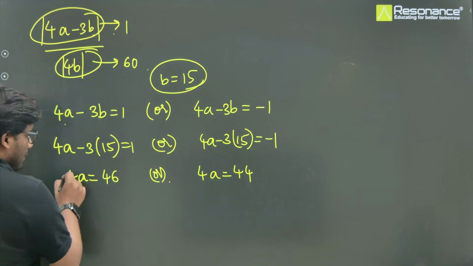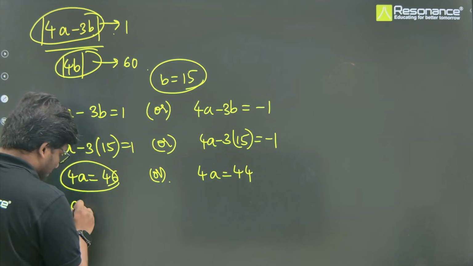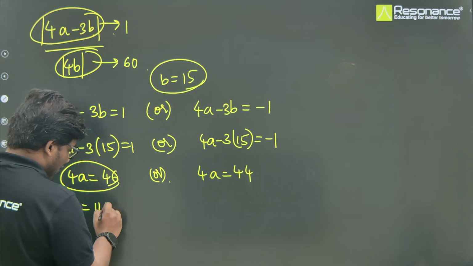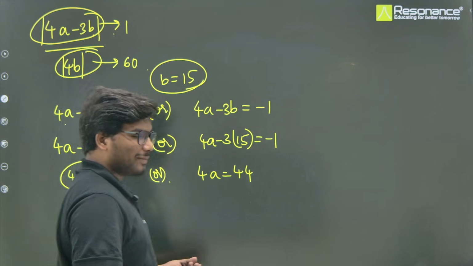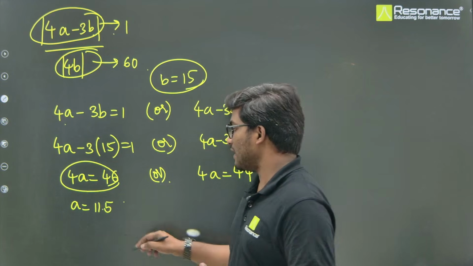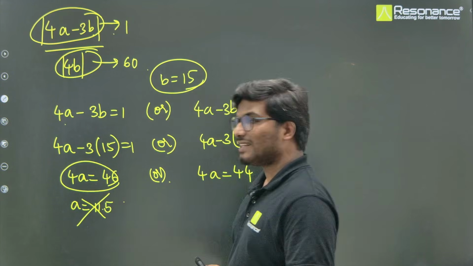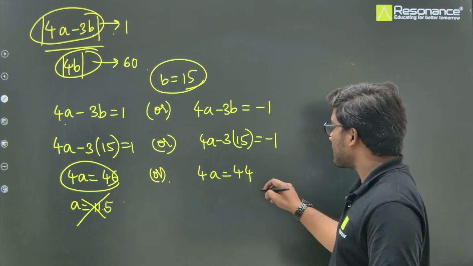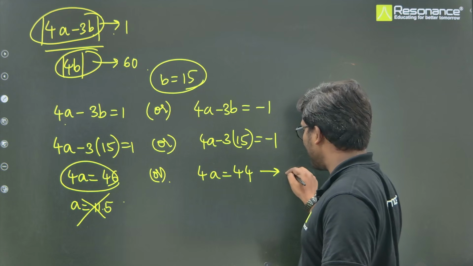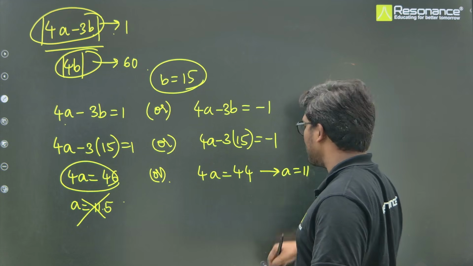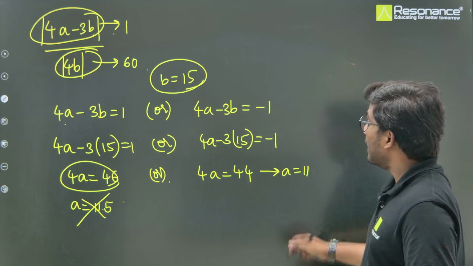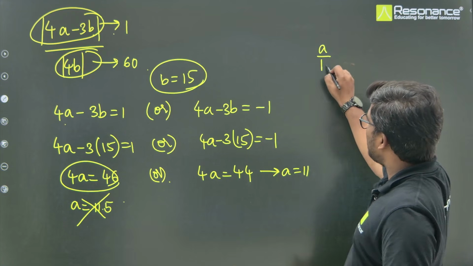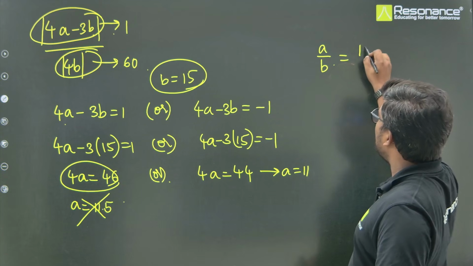Since a becomes 11.5 is mathematically invalid because a is supposed to be an integer, discarding this piece, we get a to be 11, right? So the fraction a by b becomes 11 by 15.